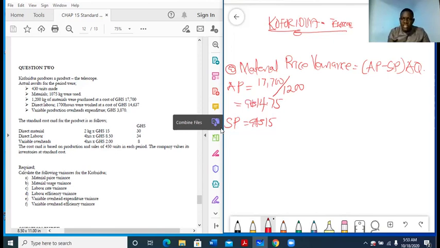So now our material price variance. What's our actual quantity? The actual quantity of materials purchased is 1,200 kg.